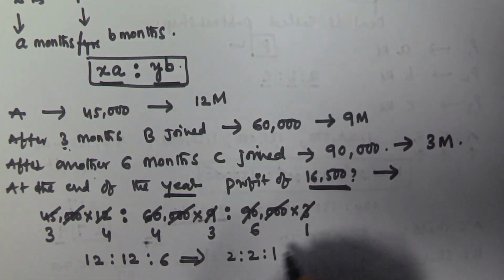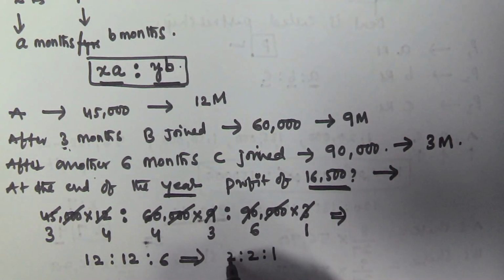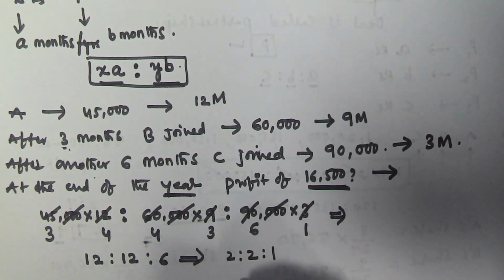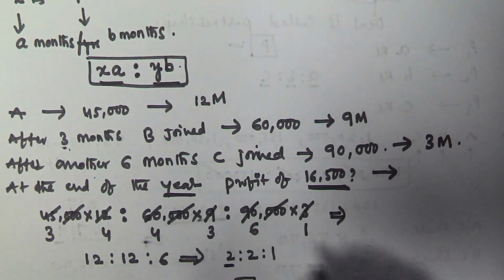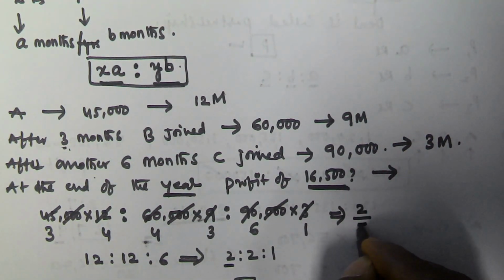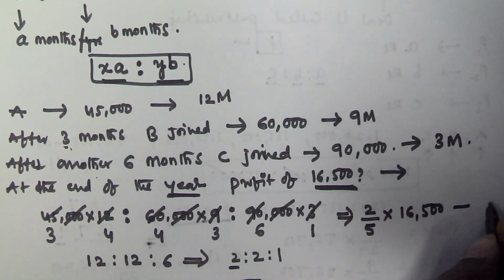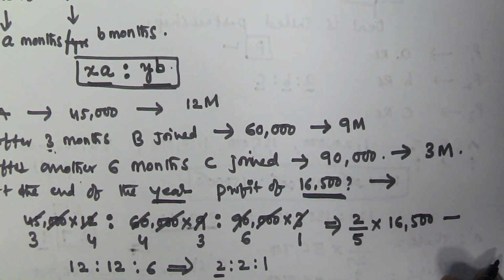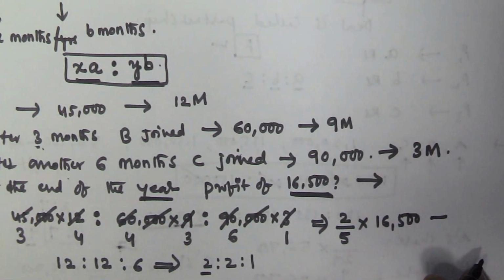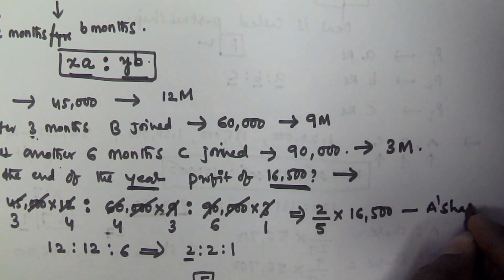The total number of parts is 2 plus 2 plus 1, that is 5 parts. So we are dividing the total profit into 5 parts. Of those, A got 2 parts, so 2 by 5 into 16,500 gives A's share.